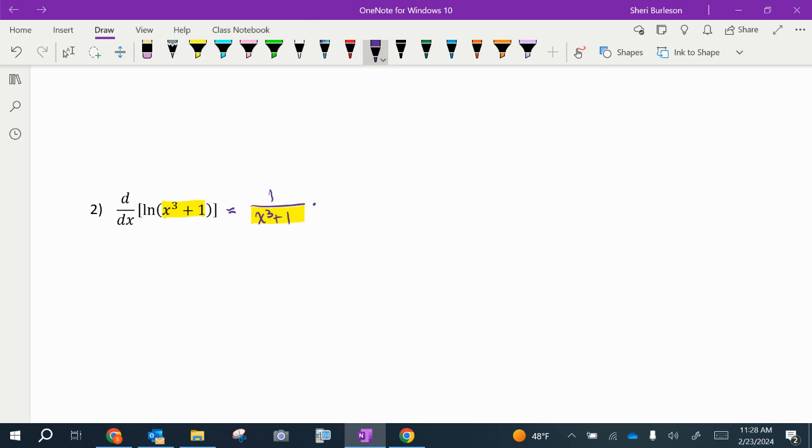And then because I have a function inside, this is a chain rule. So now I'm going to multiply by the derivative of the inner function, which is the derivative of x cubed, 3x squared. If I am multiplying fractions, I get 3x squared over x cubed plus 1, which cannot be reduced. So that would be my derivative.